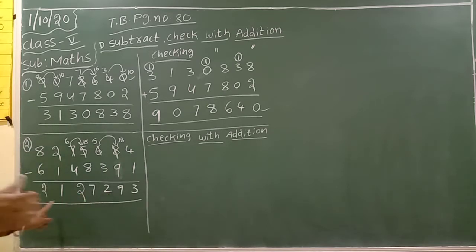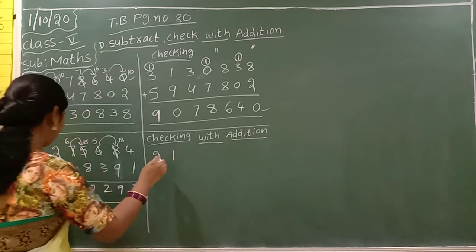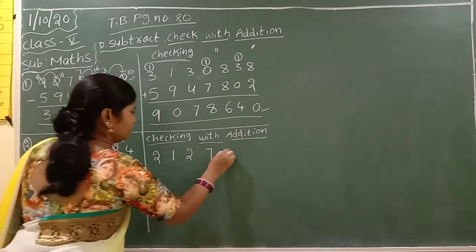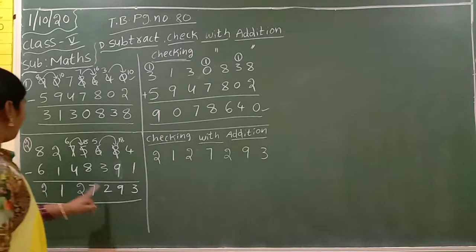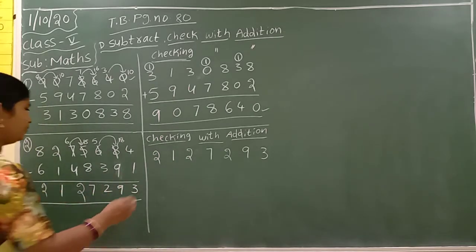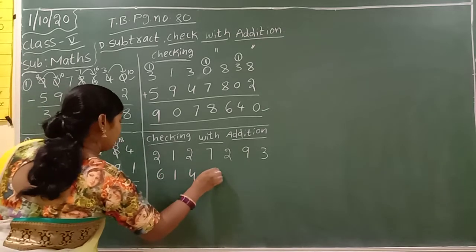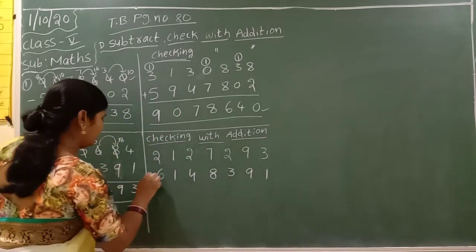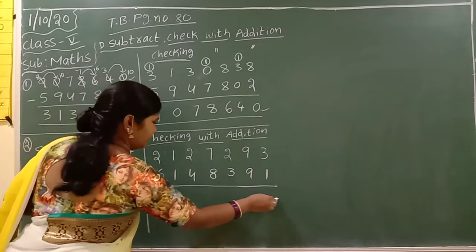That number you have to write down: 2,12,79,93 with finger spaces. Again, which number did you subtract? That number you have to write down: 61,48,391. Add the numbers. Why? Because we are checking with addition.